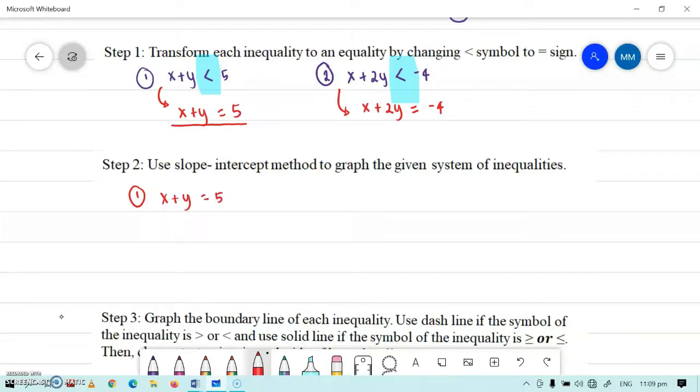Since this equation is in standard form, let's transform this into the slope-intercept form. Isolating y on one side of our equation, we have y is equal to -x plus 5. Now we already have the slope-intercept form of our equation. We can identify right away the slope, which is -1, and the y-intercept, which is 5.